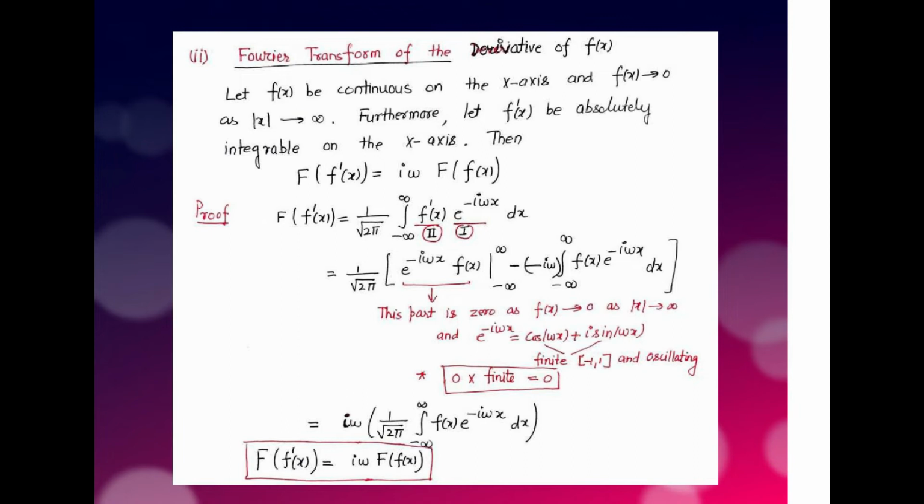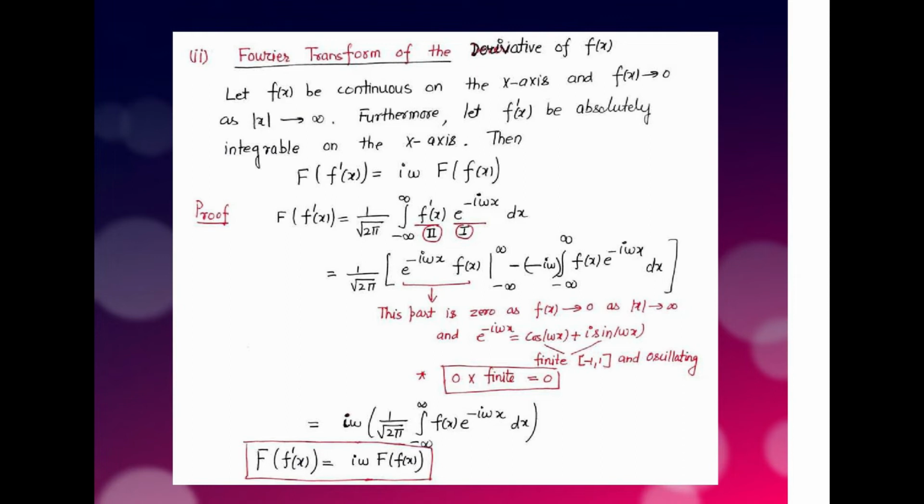After integration we have e raised to power minus iota wx times integration of f dash x, that is the second function, and it is f of x. Now put the limits minus infinity to plus infinity, then again a minus sign, integration from minus infinity to plus infinity, derivative of first function, that is e raised to power minus iota wx into minus iota w, and the integration of second function, that is f of x dx.